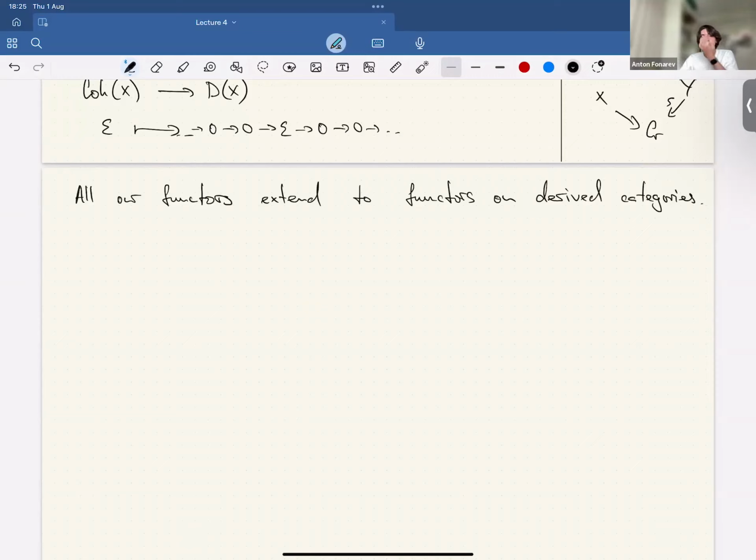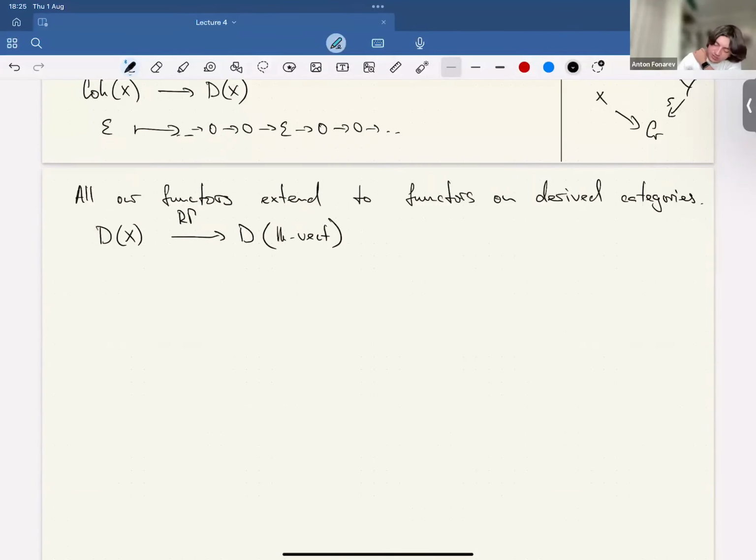So let's start with global sections. Instead of global sections, you have to add "derived" everywhere. So from D(X), you have a functor, which is called RΓ, which goes to the derived category of K vector spaces.